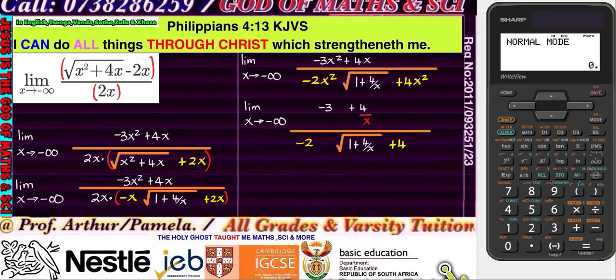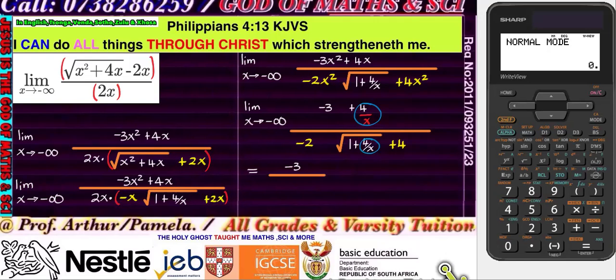Good. Now it's time to give them the answer. So I'm going to write equals. So here's what we know. We know this is going to come to 0. This one will also come to 0. We good, right? Now at the top, you now have negative 3, and then divided by.